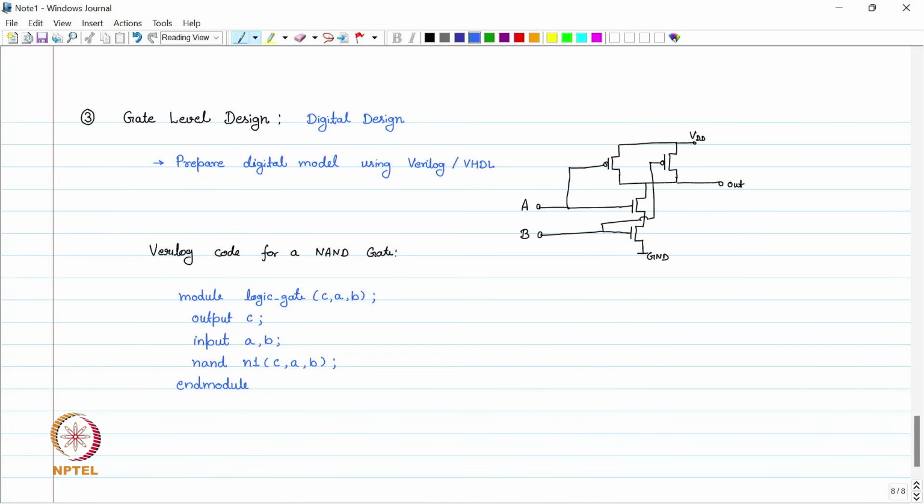That is defined using the expression nand, which is a term telling Verilog that there is a NAND functionality between input and output. N1 is the instance name of that particular instance, C, A, B, where C will perform as per A and B according to the NAND functionality. And endmodule completes it; the module ends here. So this is a typical Verilog code.